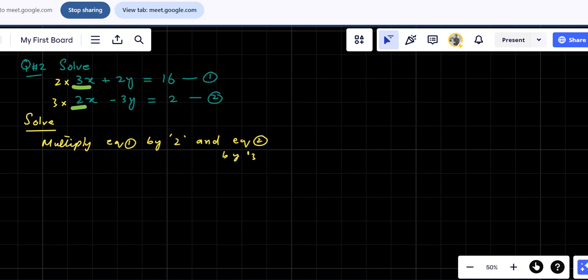By multiplying these equations, multiply this whole equation by 2. So 2 times 3 is 6x plus 2 times 2 is 4y equals 2 times 16 is 32. This will be equation 3. And 3 times 2 is 6x minus 9y equals 6. This will be equation 4. Now should I add these equations or subtract?